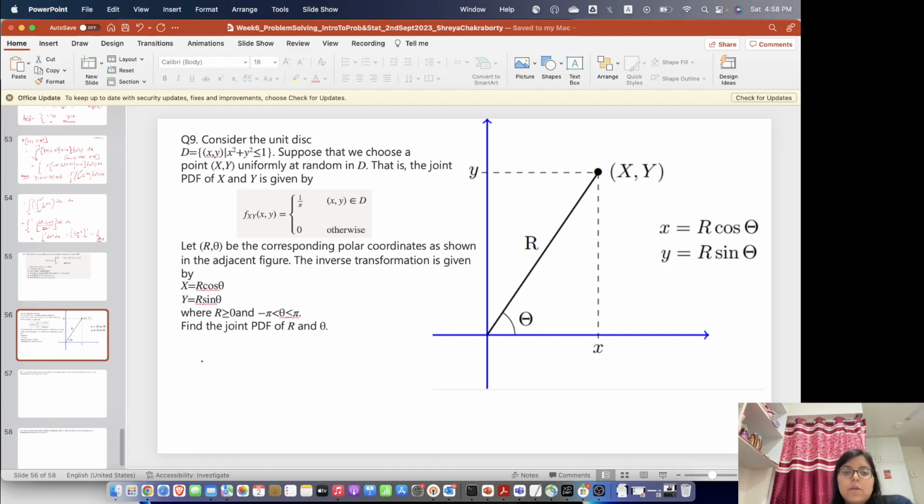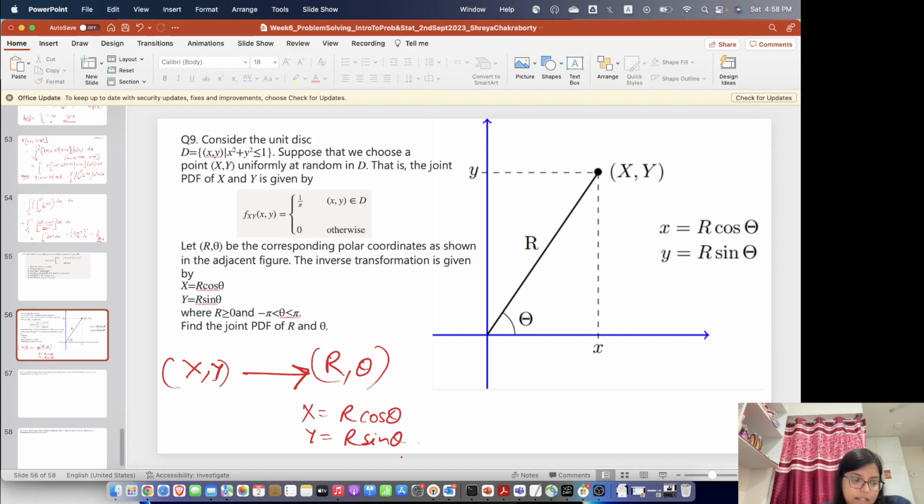So here also it is the same as the UV concept. From (x, y) we are moving to (r, theta). x is given by r cos theta, y is given by r sin theta.